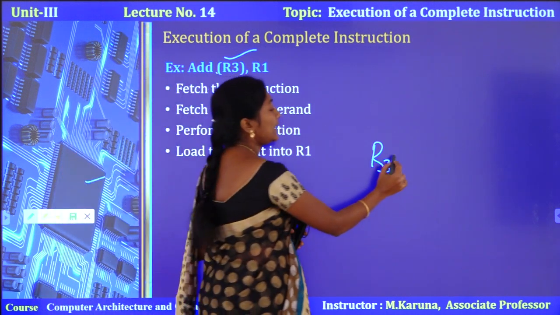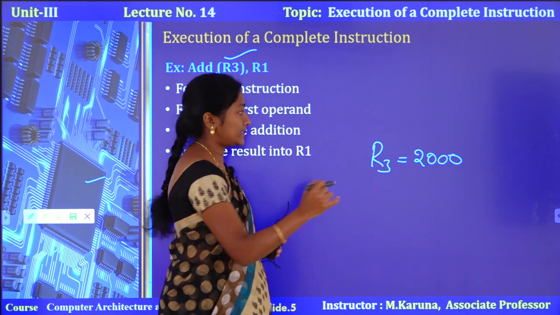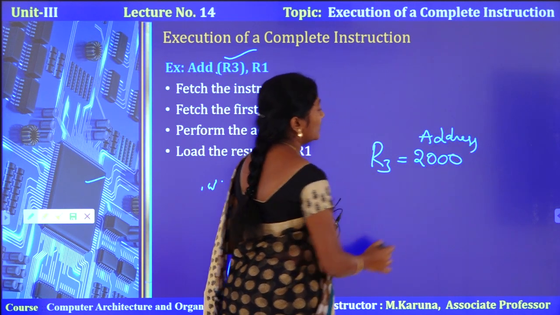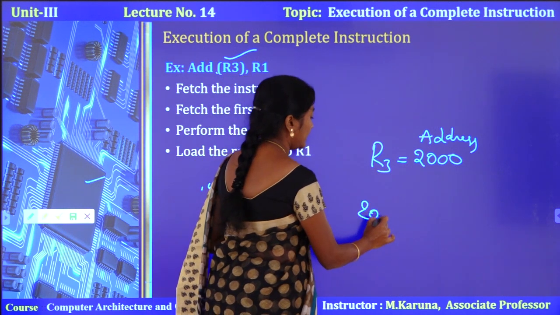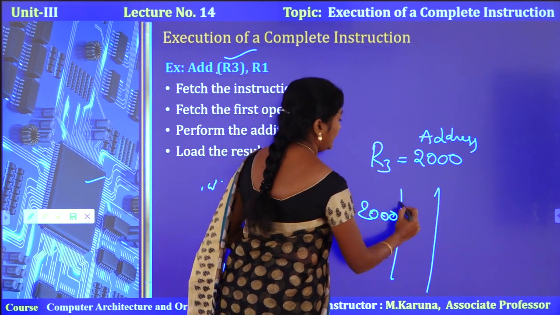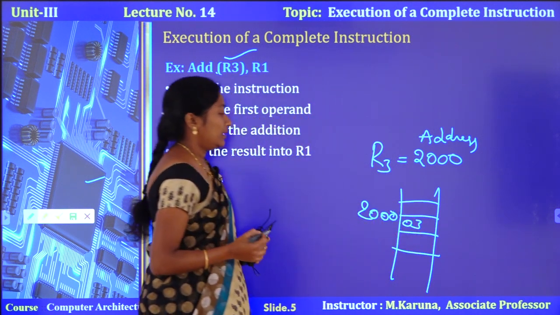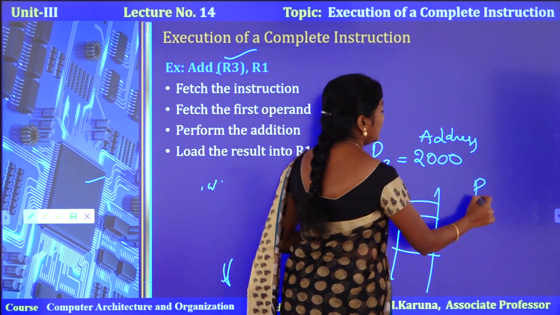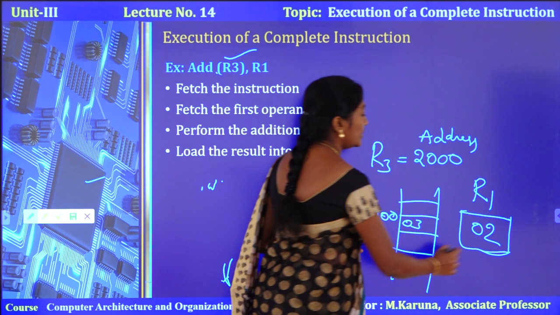R3 holds, for example, the address 2000, and at that address 2000 the data 03 is available. R1 contains the data 02.